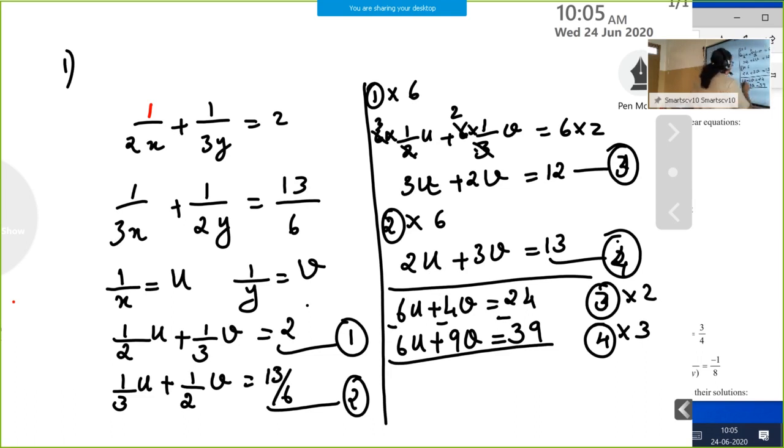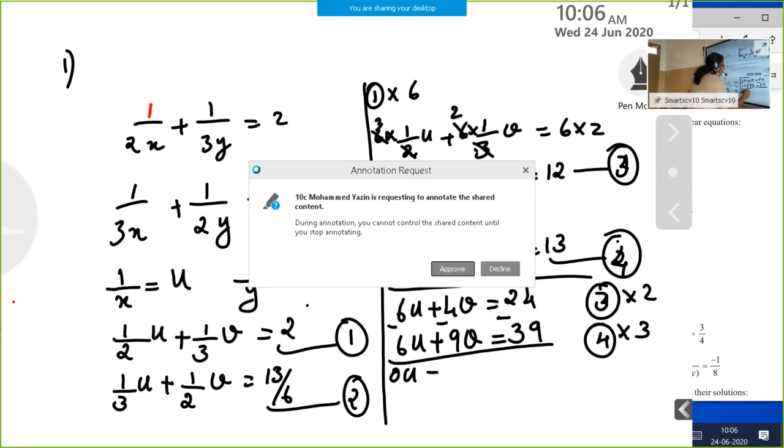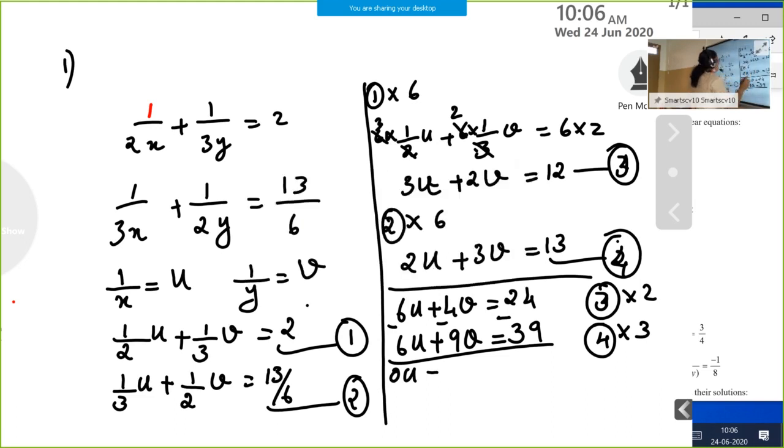Subtract equation 4 from equation 3 and put the negative sign: 0u minus 5v is equal to minus 39 plus 24, that is equal to minus 15.